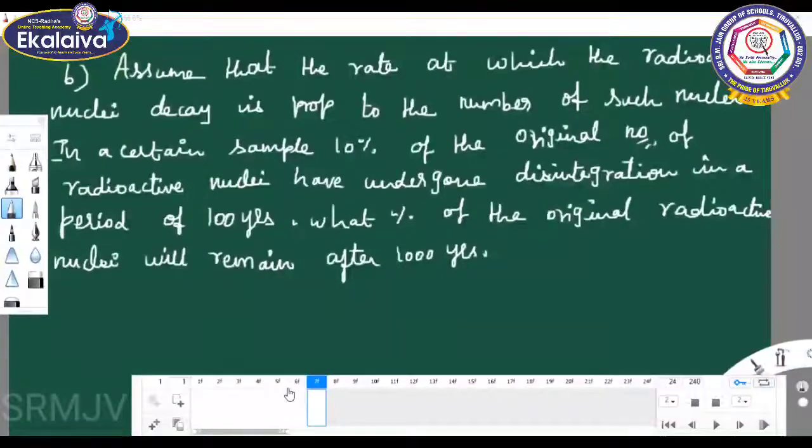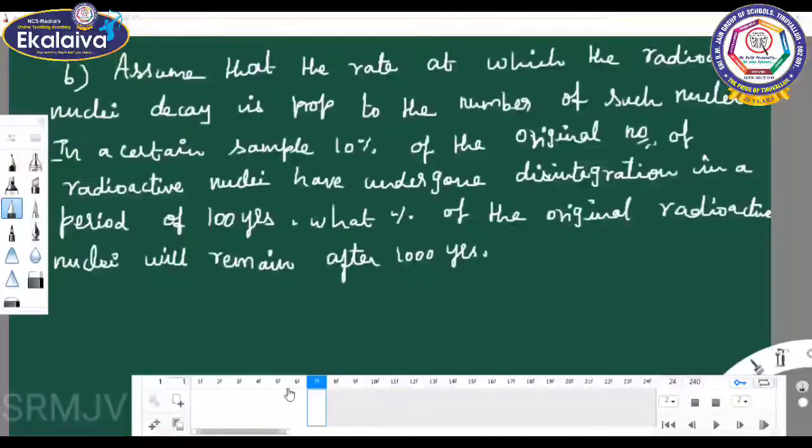Assume that the rate at which the radioactive nuclei decay is proportional to the number of such nuclei that are present in a given sample. In a certain sample, 10% of the original number of radioactive nuclei have undergone disintegration in a period of 100 years.